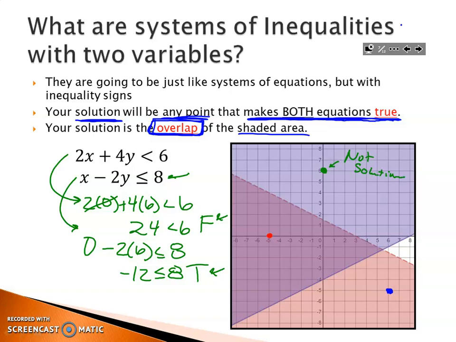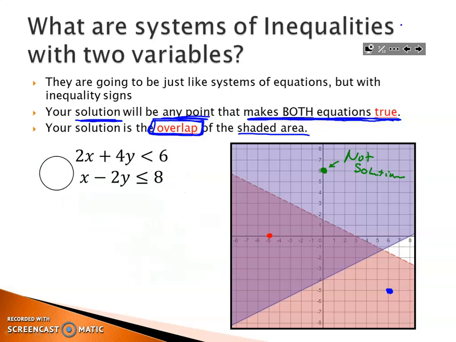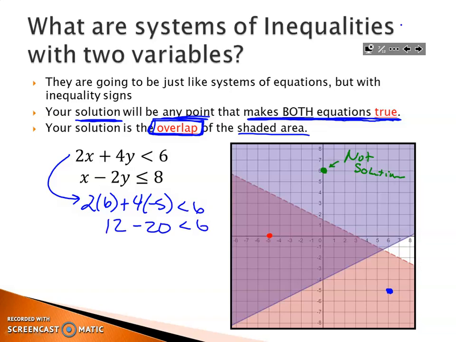Okay? Now we're going to do the same thing with the blue point. The blue is going to be true for the top one here, but it's not going to be true for the bottom one. So you guys can see that here. For my top one, my blue should be true. That point is at 6, negative 5. So 2 times 6 plus 4 times negative 5 less than 6. So 12 minus 20 gives me negative 18 less than 6.